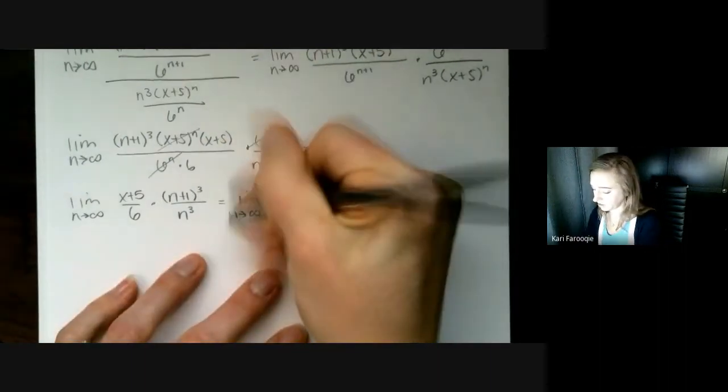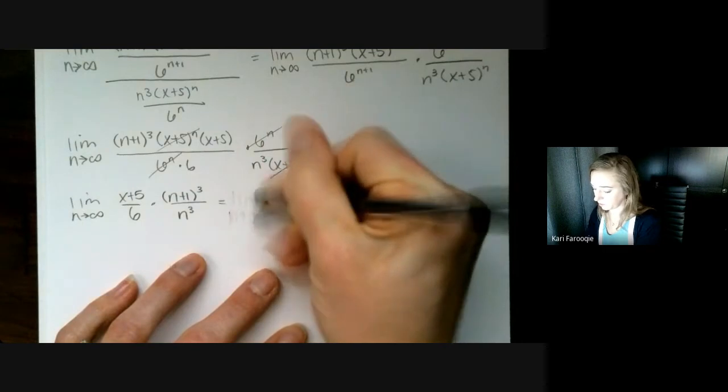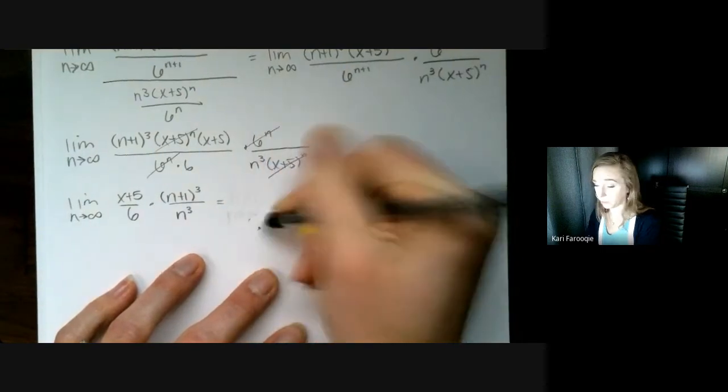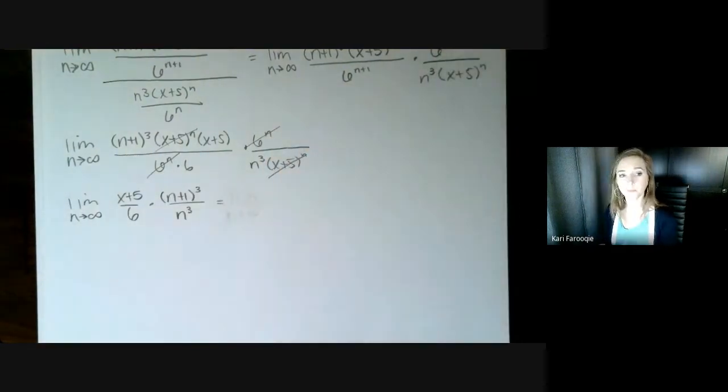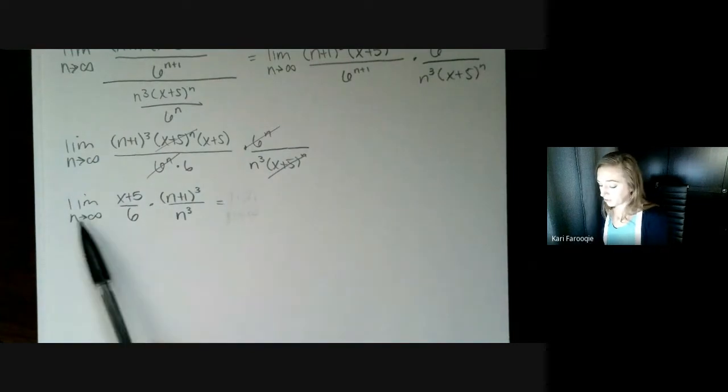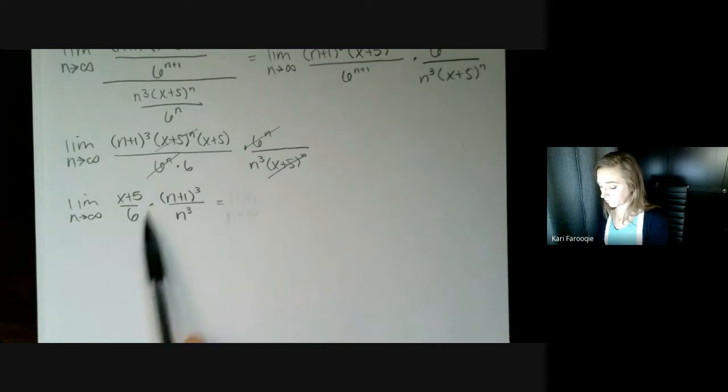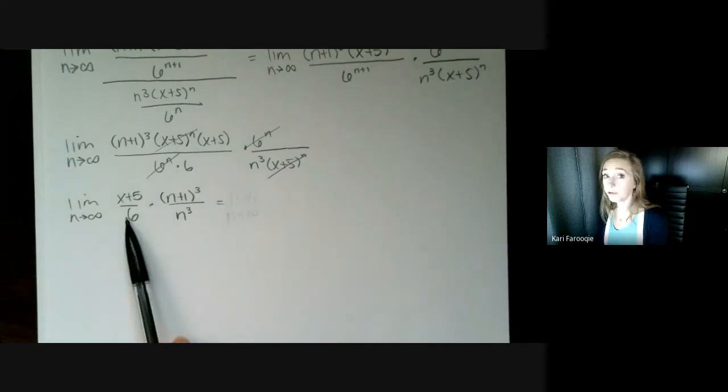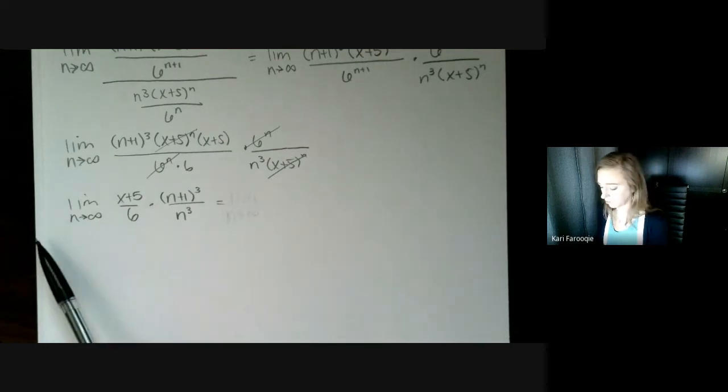I'm so intent on writing my limits that I didn't leave some space. Let me explain what I mean by that. I'm talking about the limit as n approaches infinity. Notice that in this first factor, the way that I've split it up, there's no n there. And I know that you guys are only used to thinking about constants and pulling constants out of a limit, or coefficients, or however you want to think about them.